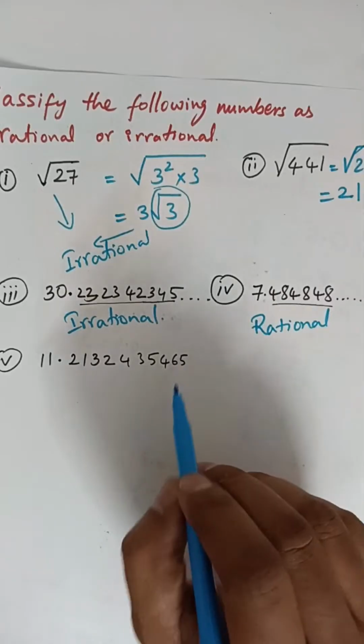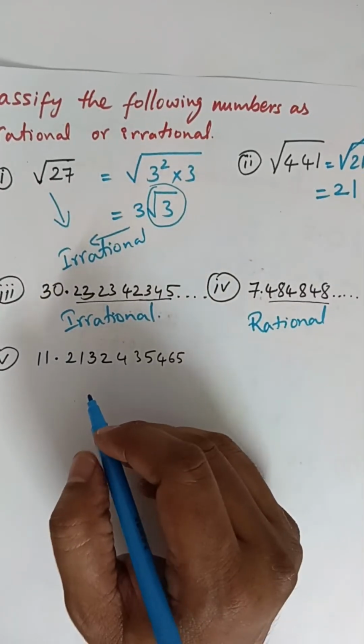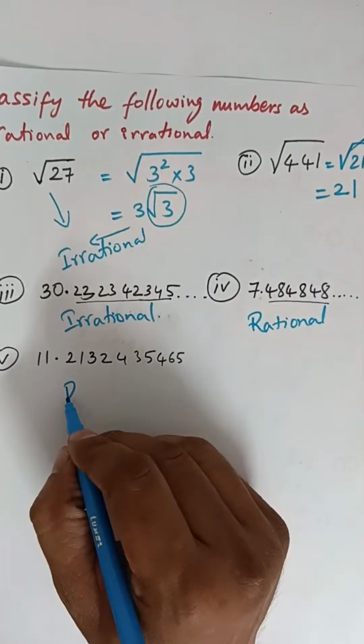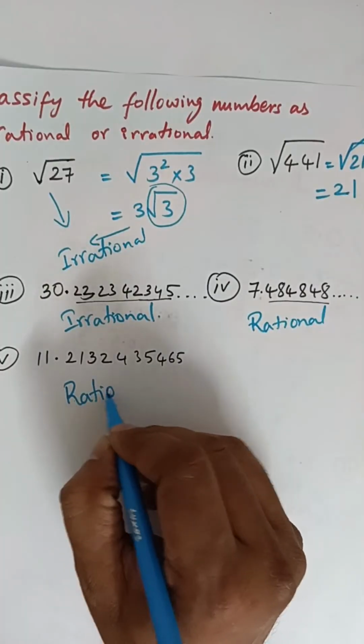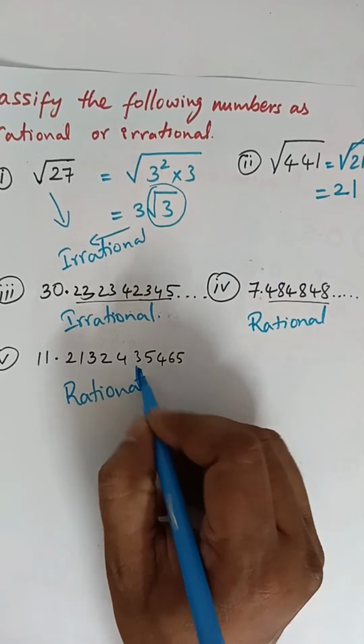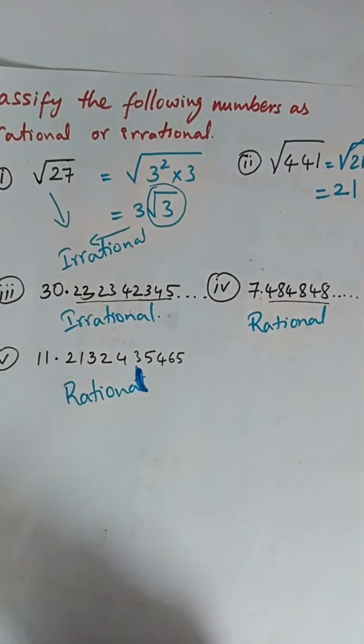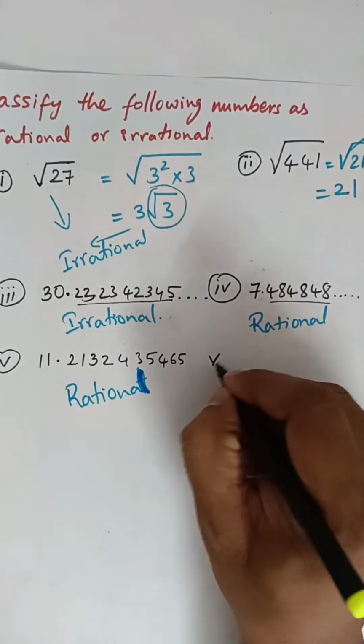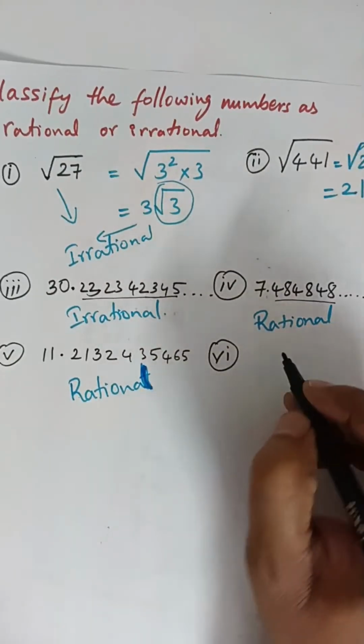It's terminated here. Whenever it terminated, decimals are there. It is rational. Okay. Sorry. Rational. The spelling mistake. Rational. Okay. Next question. I hope next now you got clear.